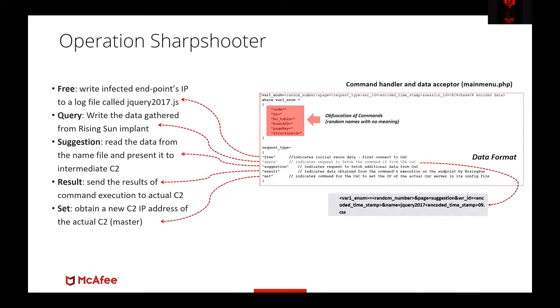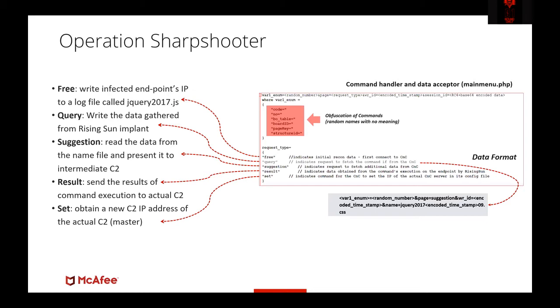Breaking down the command format in the command handler, the data acceptor, which was the main menu.php, accepted several different parameters. Some of the most interesting ones was the result, which was sending results of command execution back to the command server.